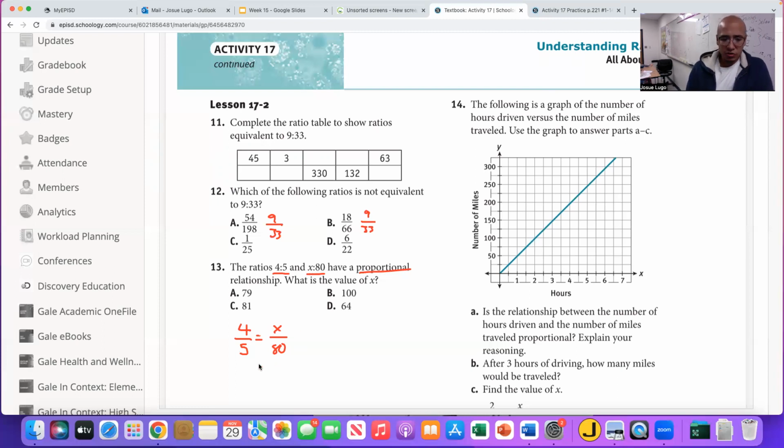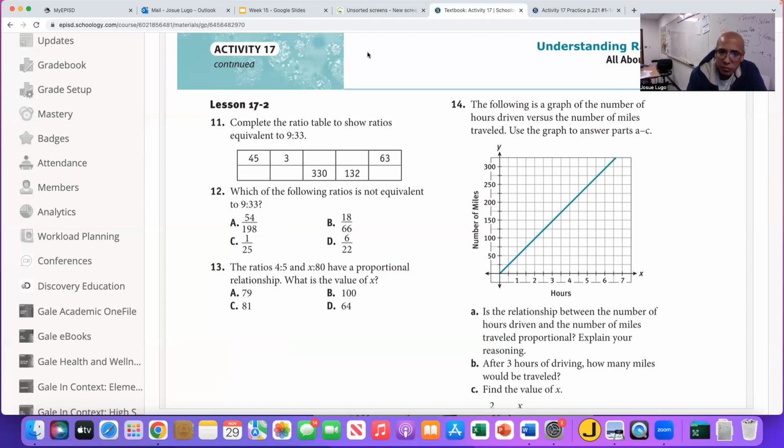You can either cross multiply and then divide. For example, I can use this to make an equation. I can do 5 times x, 5x is equal to 4 times 80, which is actually going to be 320. And then you can divide both sides to isolate the variable, or you can simply ask yourself 5 times what is equal to 80 and do the same thing to the numerator. Both methods will work, and that'll give you the value of x.